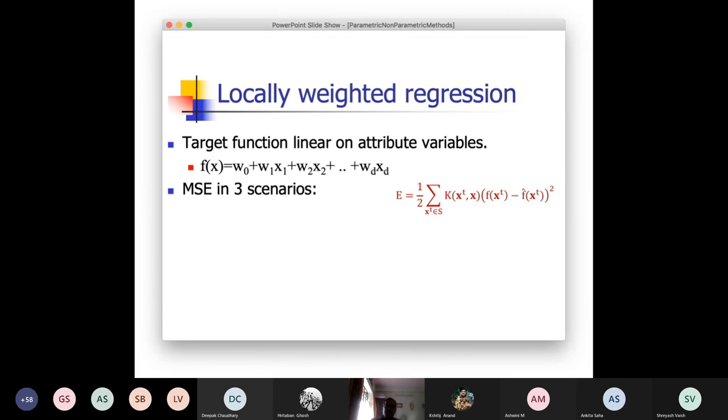Say the error criteria could be given in this form. That means it's a weighted square of errors, right? Weighted square of errors, and you see that this is a very common trick that if you are using the square of errors, you add a coefficient 1/2, just so that if you take the gradient, to solve this problem, you have to use the gradient of error with respect to individual weights, individual parameters.